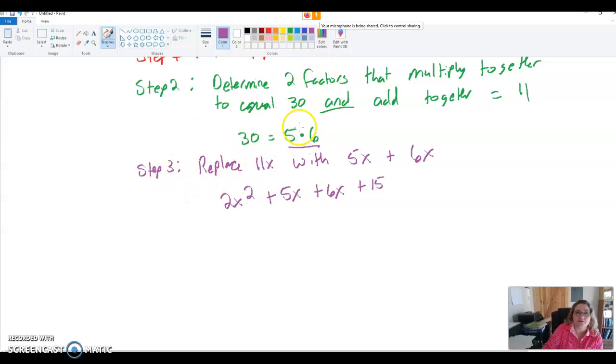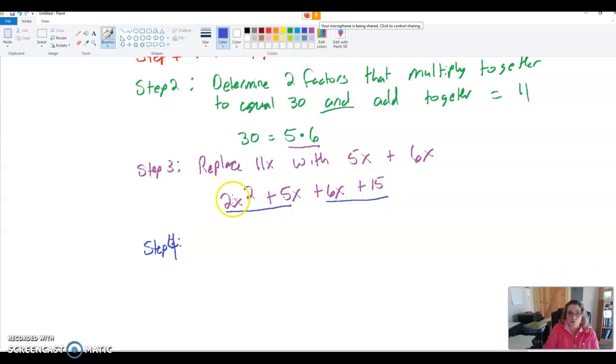Step 4, I'm going to want to rearrange this such that it is factorable, okay? So I'm going to look at these first 2 terms and then the second 2 terms, okay?